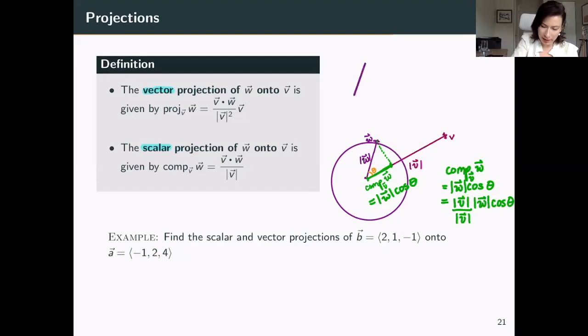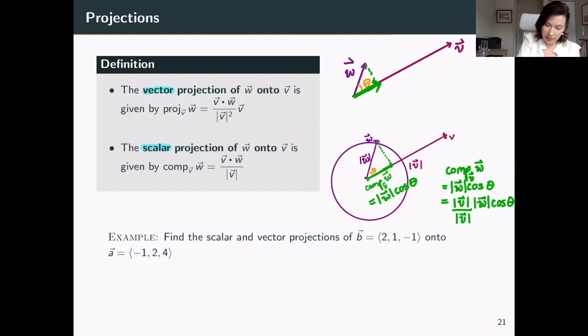I start off with my vector W, and I have my secondary vector V. I also have that angle theta that is going to be between W and V. I have a projection in the same way that I did with my scalar projection, but instead of having a scalar projection, I now want to think about the vector that is in the same direction as my vector V, but has a smaller magnitude.